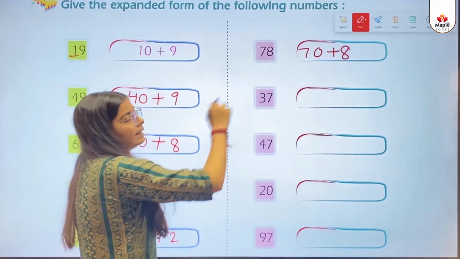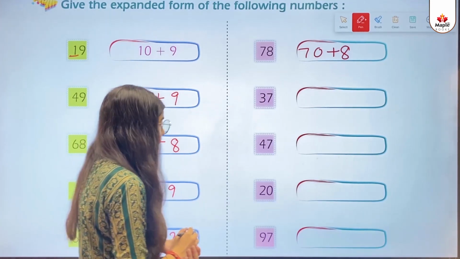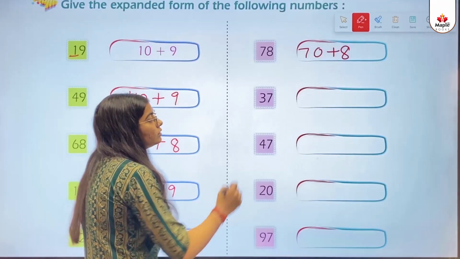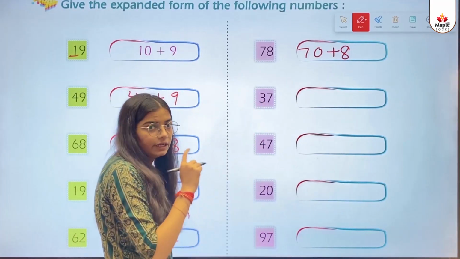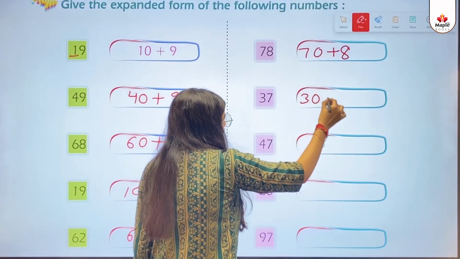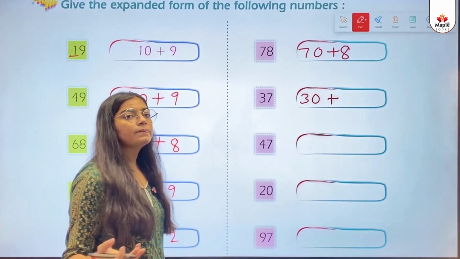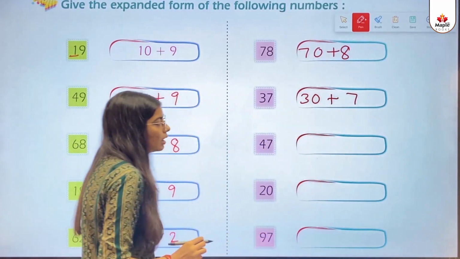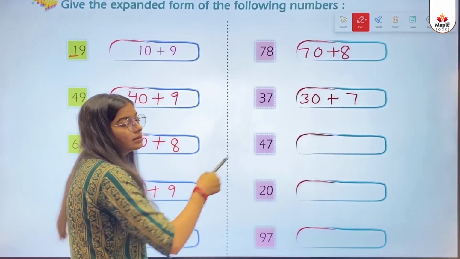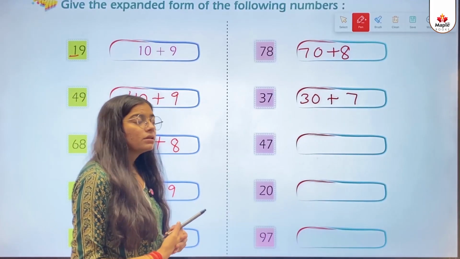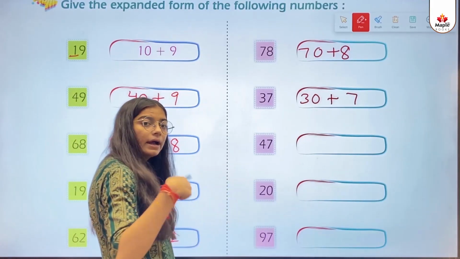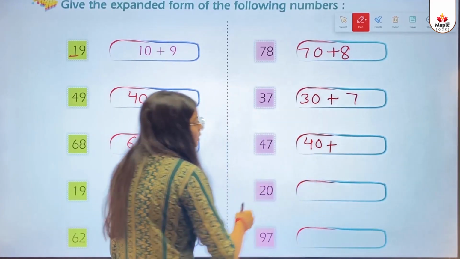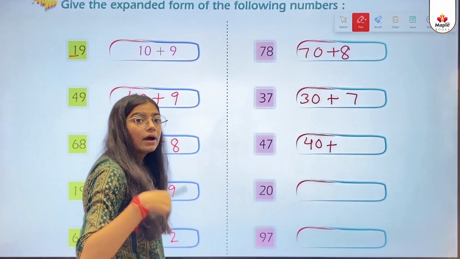Then 37. So what is on the tens place? That is 3. So we will write 30. Plus what is on the ones place? We will write 7. Then there is given 47. So 4 is on the tens place. So we will write 40 plus 7, as 7 is on the ones place.